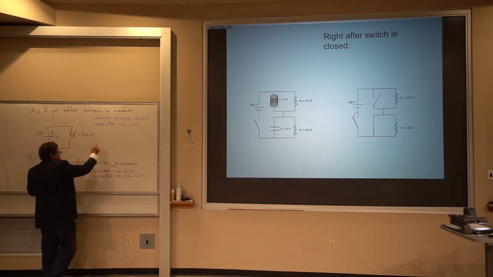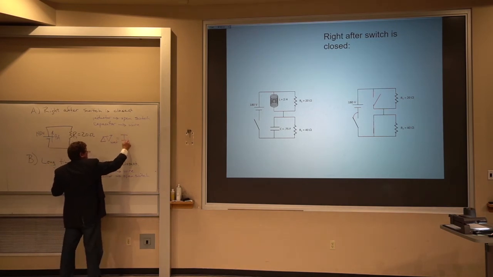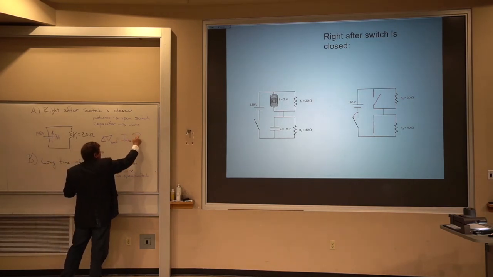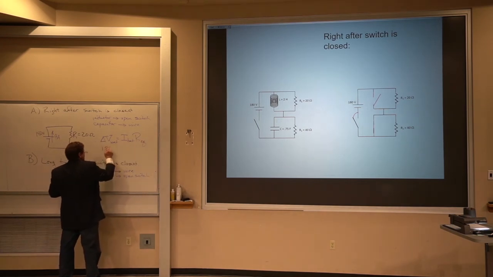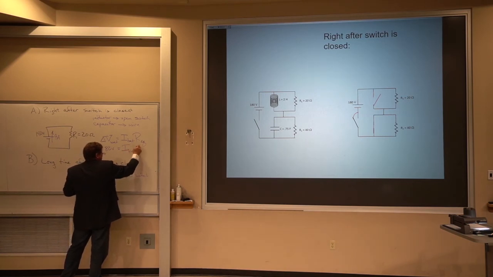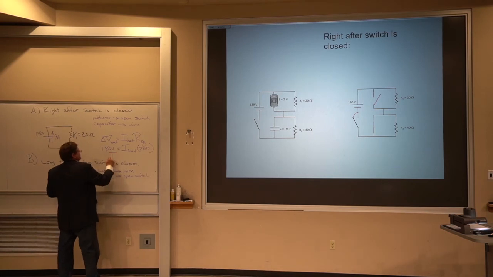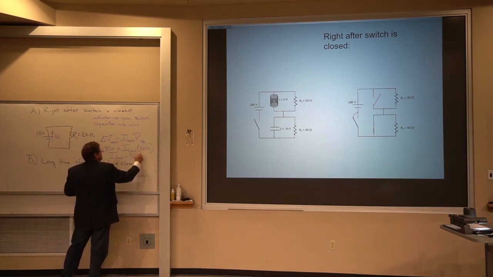I got that by taking the voltage across the battery equal to the current through the battery times the equivalent resistance of the circuit. So this is 180 volts equal to the current through the battery times 20 ohms. That gives me the current through the battery is equal to 9 amps up.